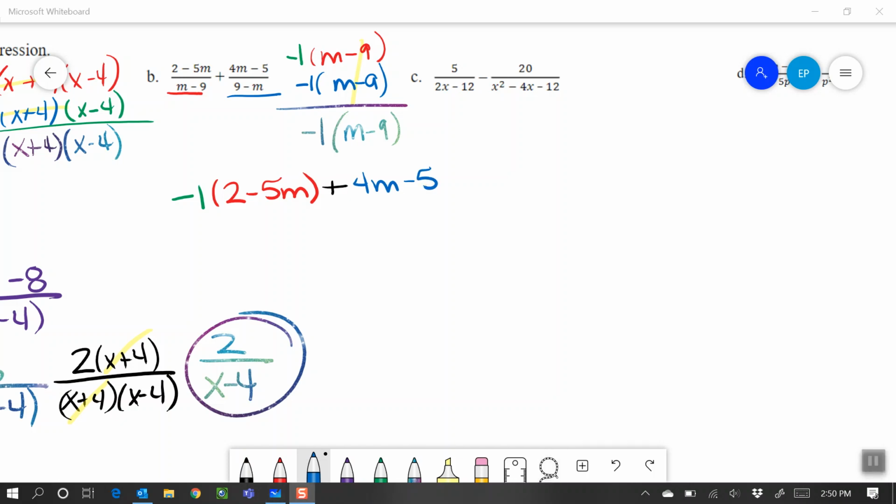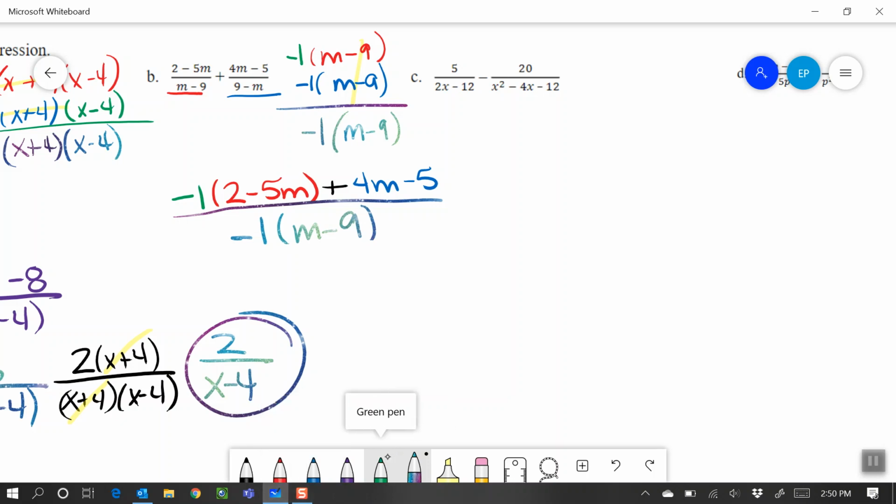And that is all divisible by that LCM. So that's all going to be divisible by negative 1 times m minus 9. Now you can't cancel anything out yet. Just wait and see if you can cancel things out, okay?